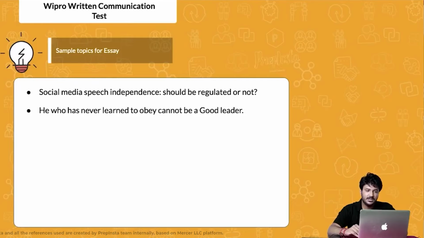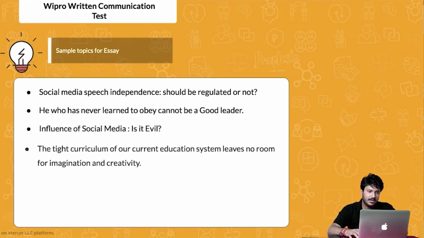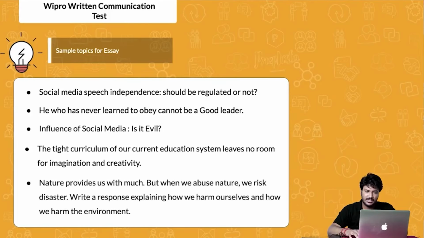He who has never learned to obey cannot be a good leader. So you have to write an essay about it. Influence of social media, is it evil? Tight curriculum of our current education system leaves no room for imagination and creativity. This is one. Nature provides us with much, but when we abuse nature, we risk disaster. Write a response explaining how we harm ourselves and how we harm the environment, right?